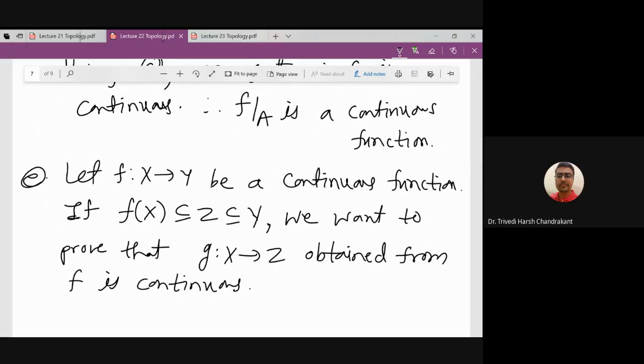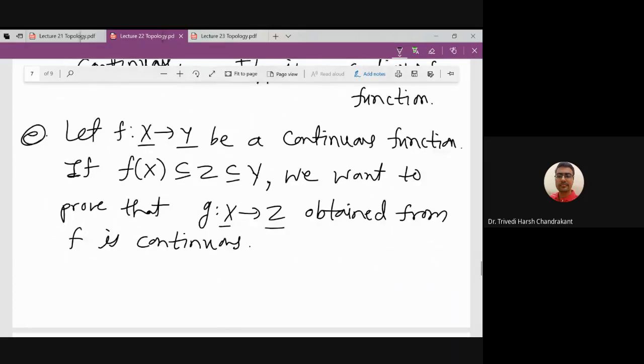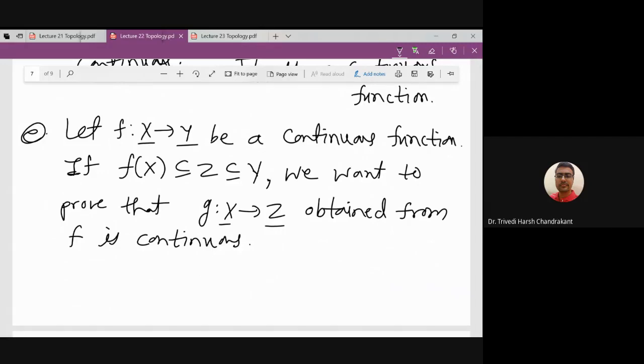As a function, f is from X to Y, and g is a function from X to Z, defined by g(x) = f(x). The only thing that changes is its codomain.